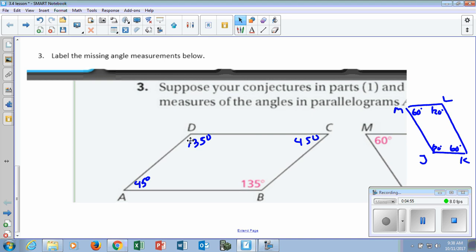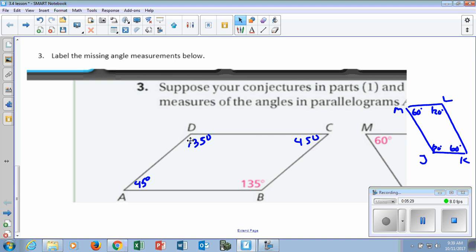So, for example, it says, what patterns relate the measures of opposite angles? So, from B and D, from A to C, from M to K, from J to L. What pattern do you see there? What do you see? For B and D, B is 135. If it's a cross, that would be C has to get 65.